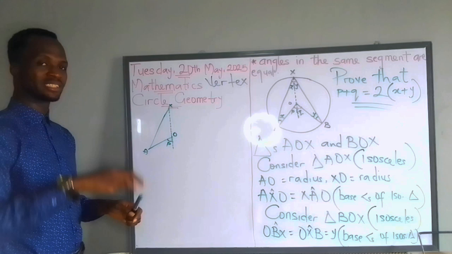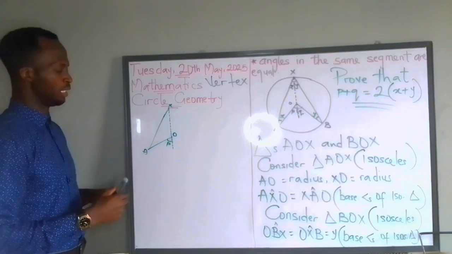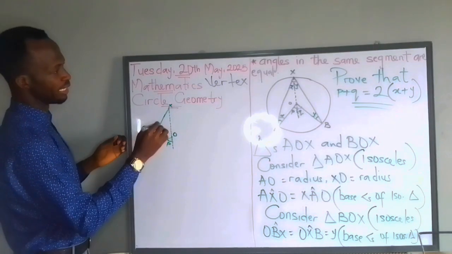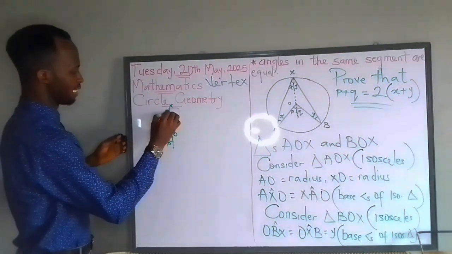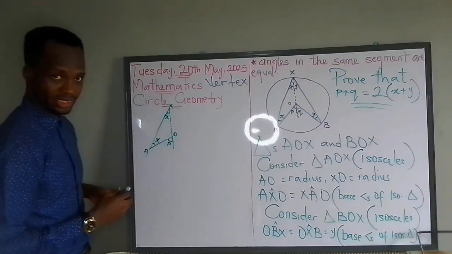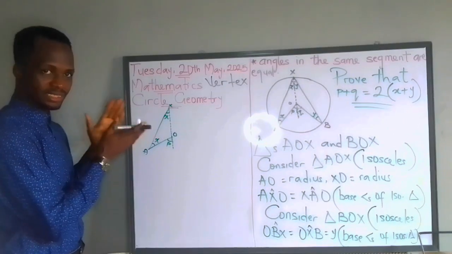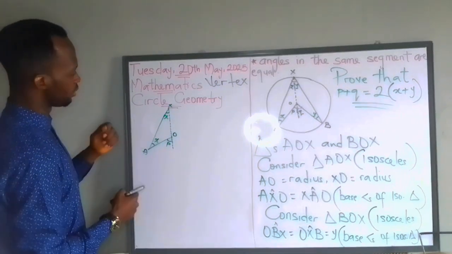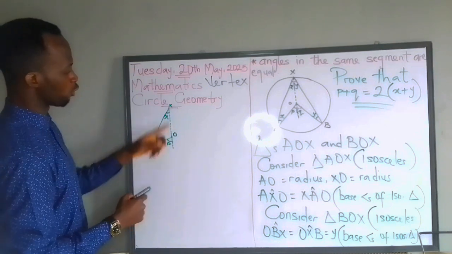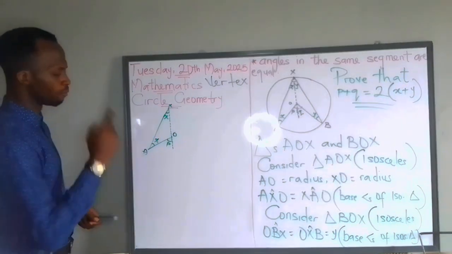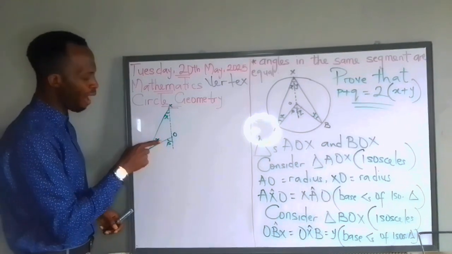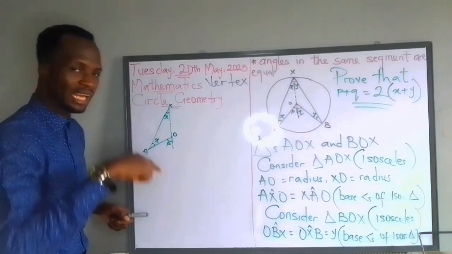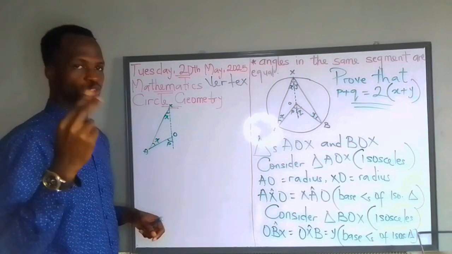Exterior means outside. It is outside the triangle. Now, the angle at A is X. The angle at X here is X, small letter X. And this is an isosceles triangle, base angles are equal. AO, which is radius, is equal to OX or XO. Now, what do we need to do about this angle outside? We are considering this angle. I mentioned earlier there are two basic theorems of triangle.